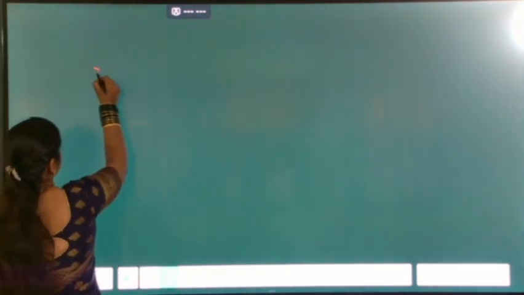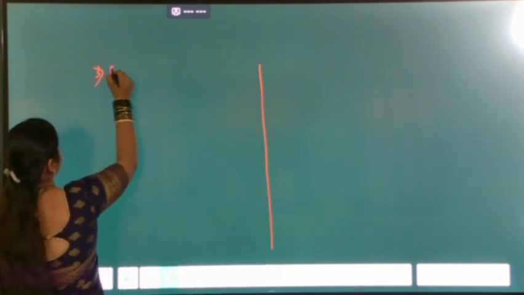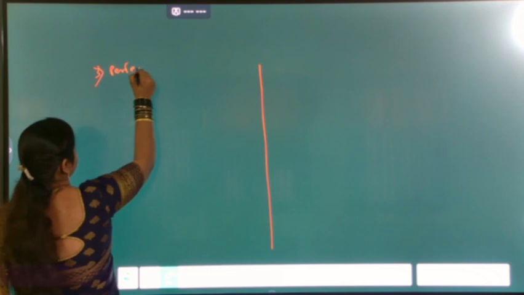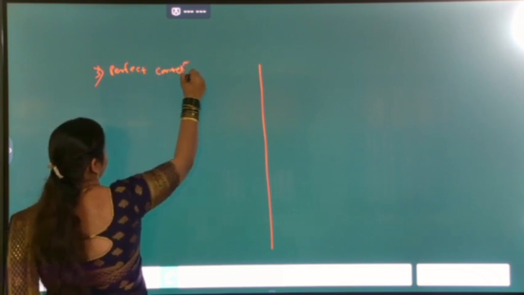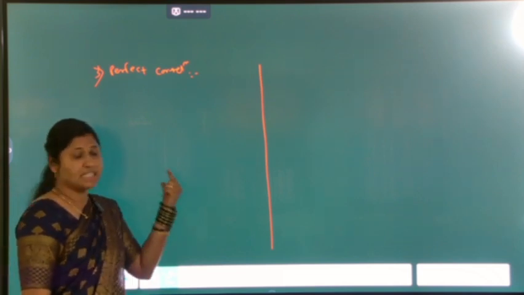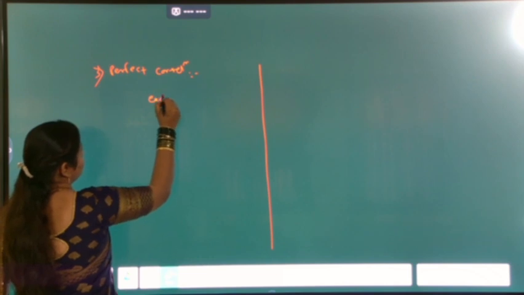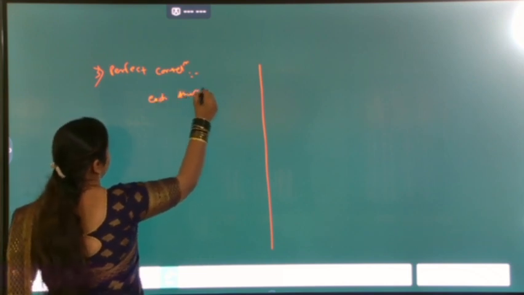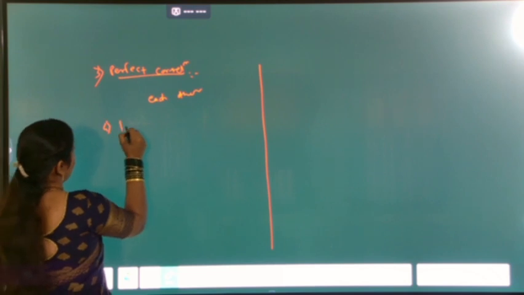Then third type is perfect correlation. If the values of variables change corresponding to and proportional to each other, it is called a perfect correlation. Fourth is no correlation.